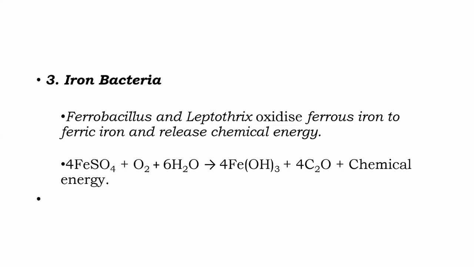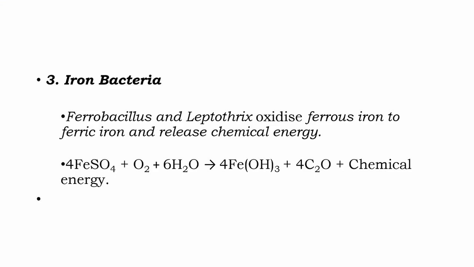Because the initial end product is a C3 compound. And why do we call the C4 plants? The initial product is a 4 carbon compound. Final end products are all sucrose and glucose, but the initial end product is C4.